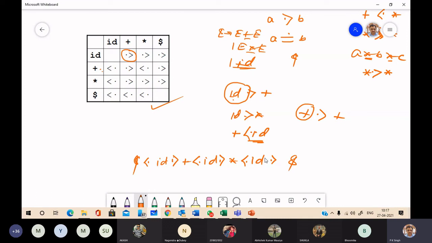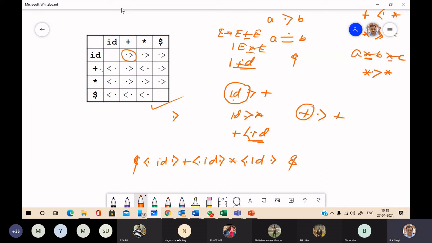So just see what we do. As in the case of a bottom up parser, shift reduce parsing, we use an input buffer. In the input buffer, we have the string to be parsed, and a stack.